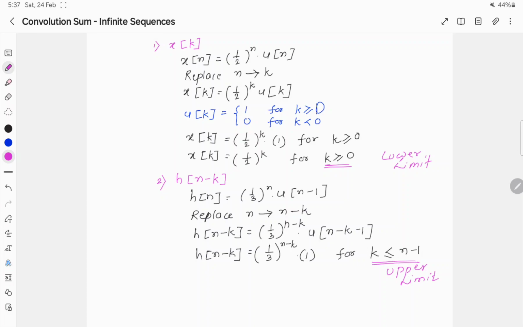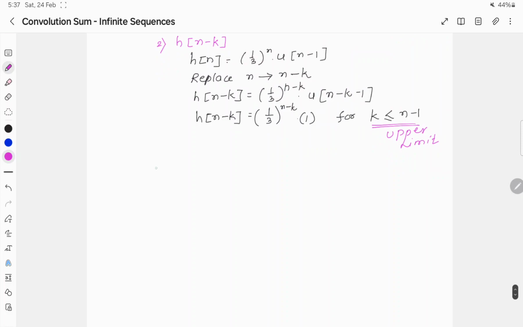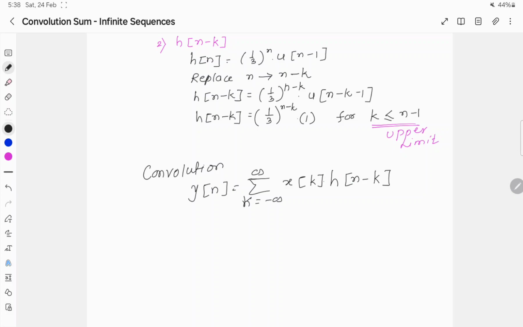Therefore, we can now find out the convolution sum, which is y of n equal to summation k equal to minus infinity to plus infinity x of k into h of n minus k.